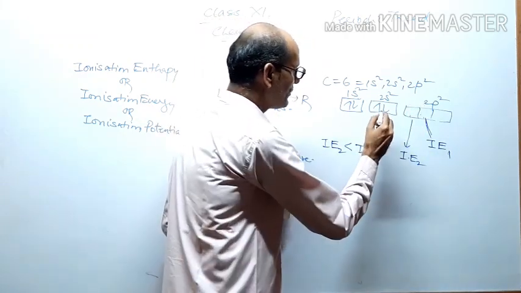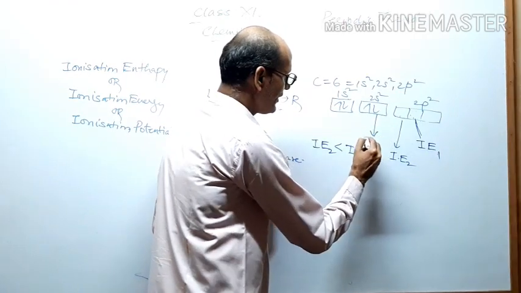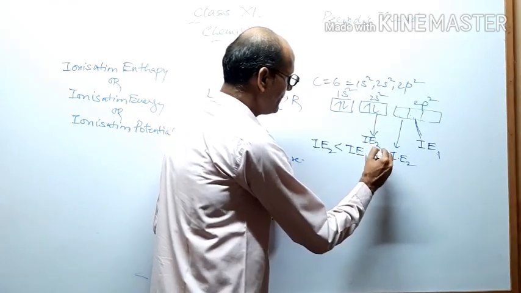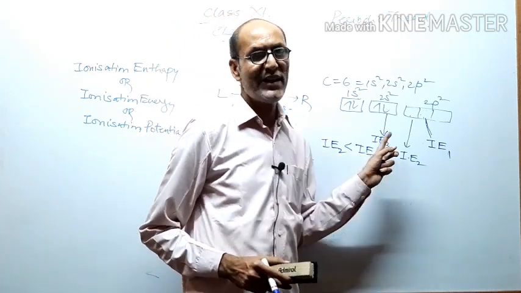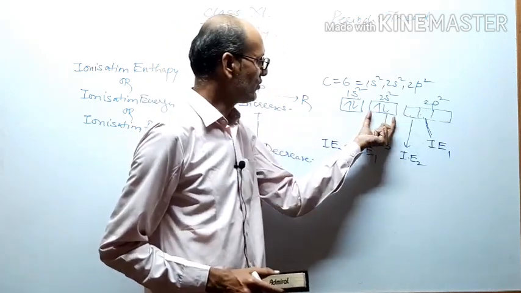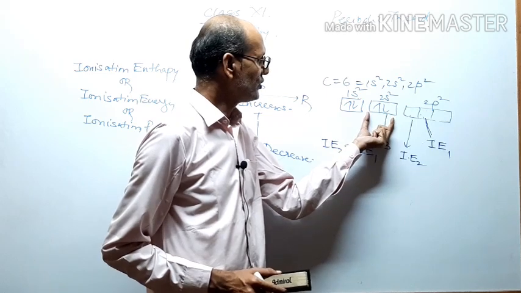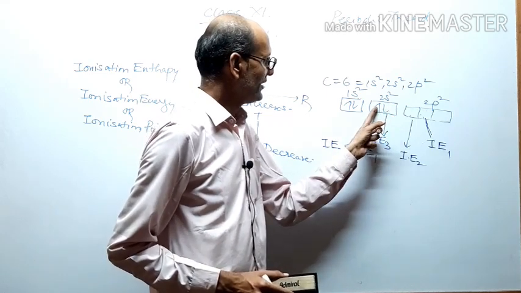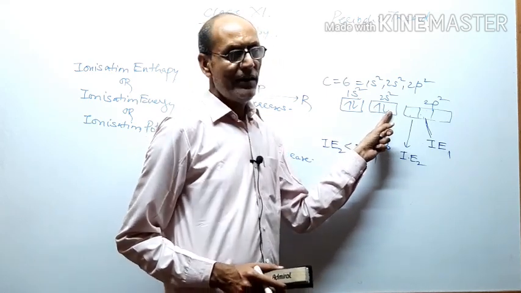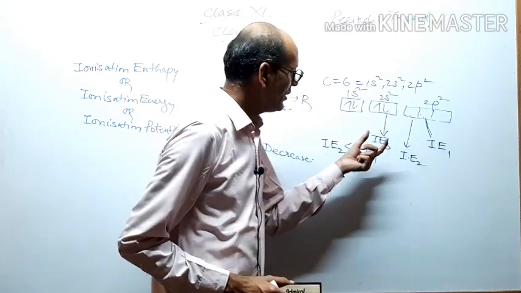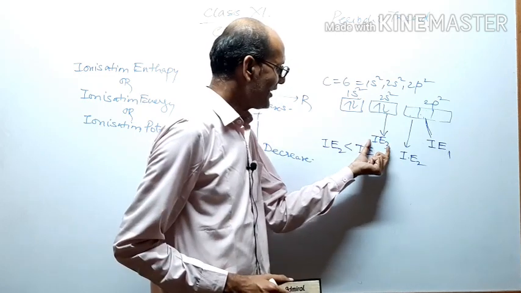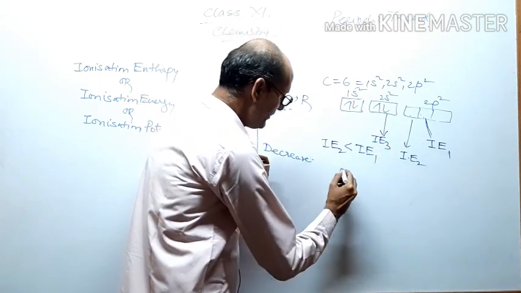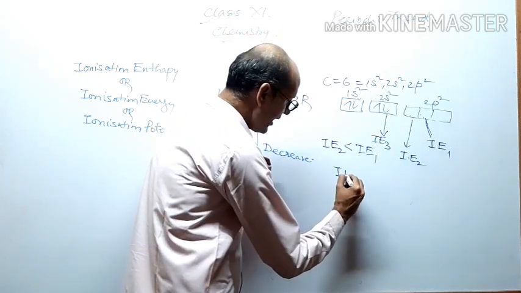Now you want to remove this electron, so it will be IE3. In this case, you are going to remove the electron from a stable position. This is a stable position, that means it has two electrons in the orbital, so it requires high energy. That means IE3 will be maximum in this case.